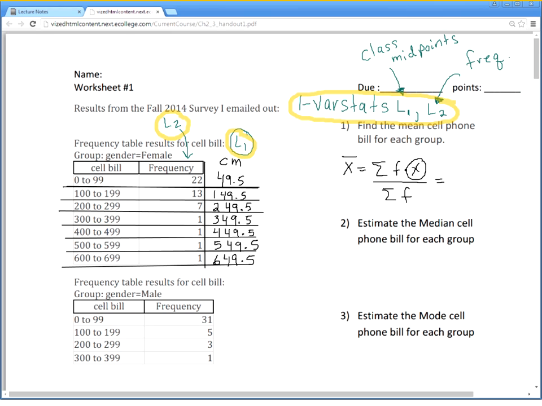And then, of course, we do have an answer. The mean, and this is for females. So the mean for females is 147. Now, how do I round this?